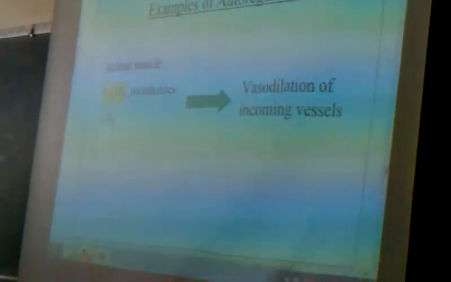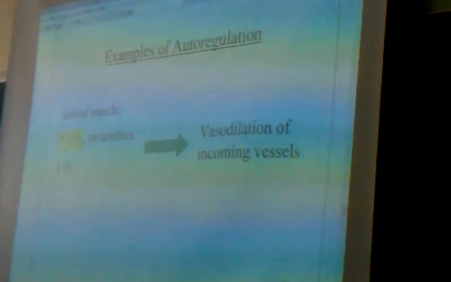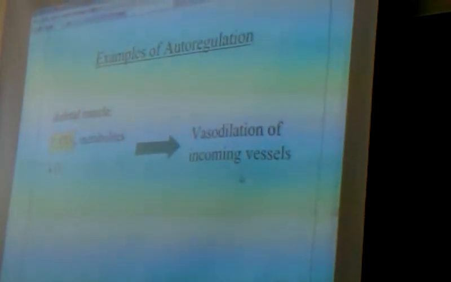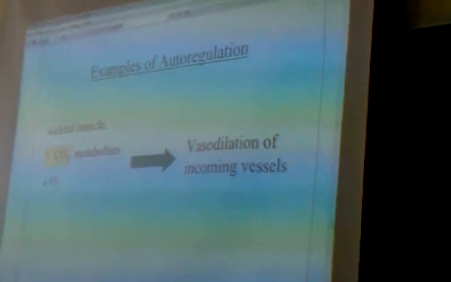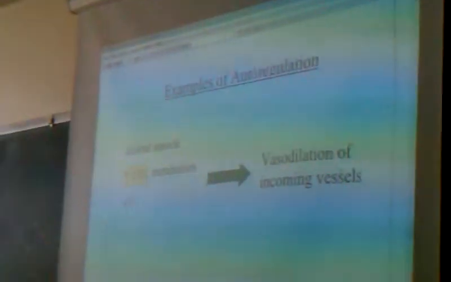You'll have a buildup of carbon dioxide and lactic acid. The presence of these metabolites will cause vasodilation of the arterioles going into that area. When the blood vessel dilates, blood flow to that tissue increases. That will wash away all those toxic substances and bring in fresh oxygen and fresh blood flow.